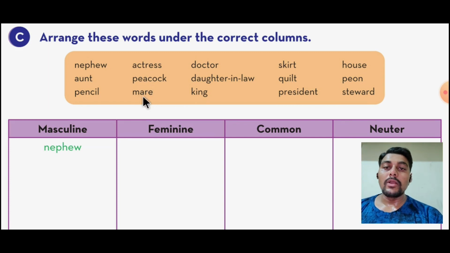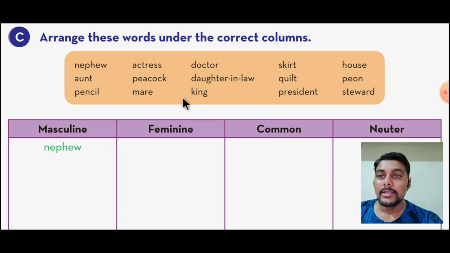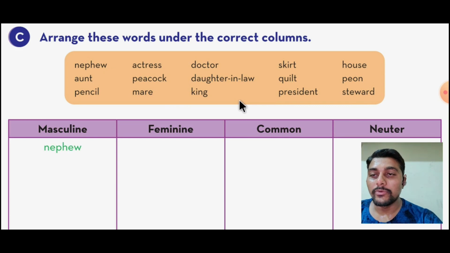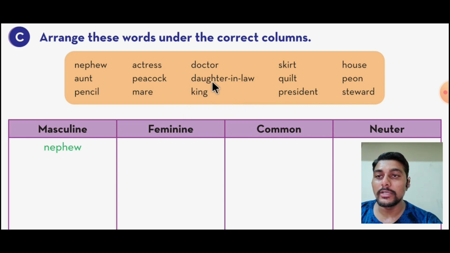Mare means a female horse. Remember, the female horse's name is mare. Then any other noun in this category? Yes, daughter-in-law. This will come into the feminine category. So these 4 are there: aunt, actress, mare, and daughter-in-law.